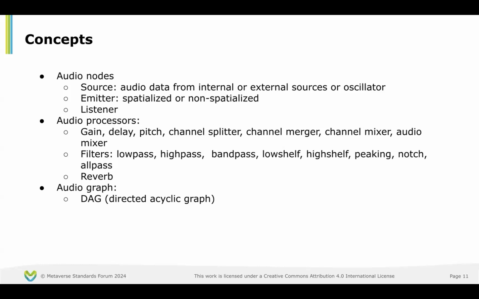we have emitters, two types of emitters. One is specialized and another one is non-specialized. Again, non-specialized is easily transferable to web audio representation. Specialized has all these additional properties regarding the transformations, all this kind of spatial information, etc. And obviously we have a listener.